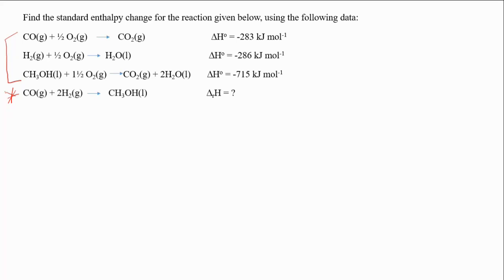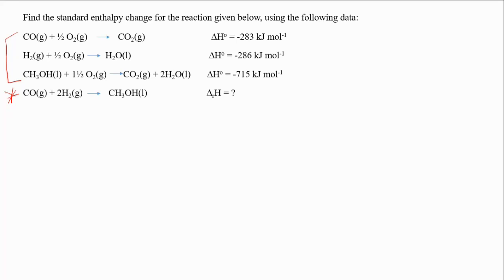We have carbon monoxide gas here. The other question you should ask is, does this equation contain the same number of moles of carbon monoxide as the unknown equation? Well, the unknown equation has 1 mole of carbon monoxide gas, and yes, this equation also has 1 mole. Good. That means you would not need to multiply this equation by any factor.